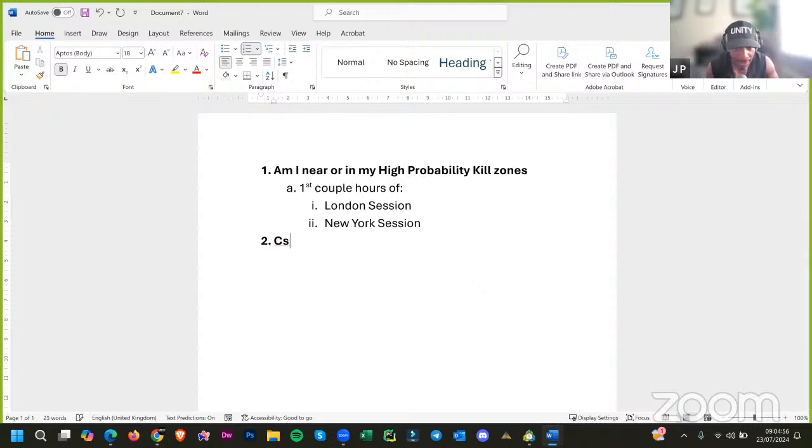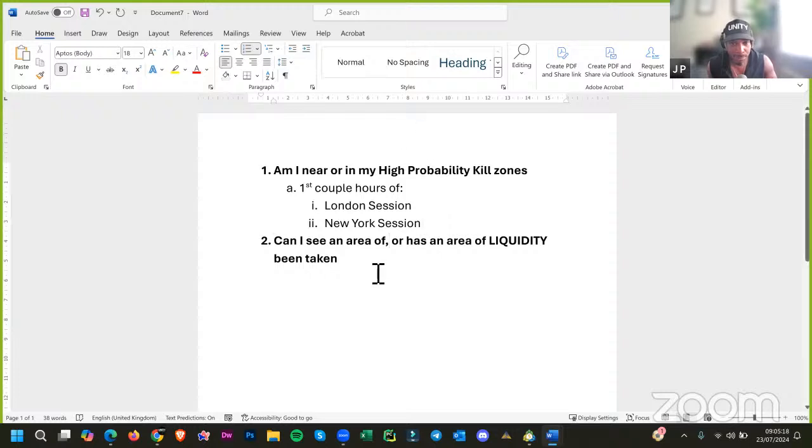Can I see an area of liquidity being taken, or has an area of liquidity been taken?